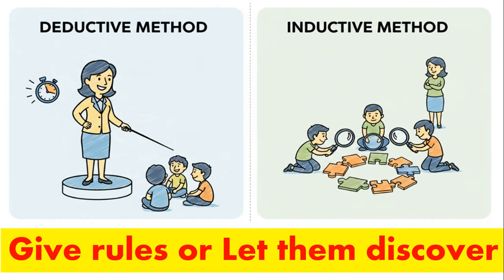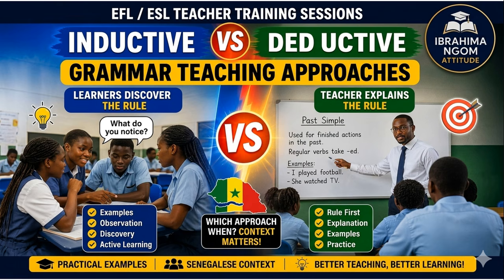In the second approach, the teacher lets the students discover on their own. So, inductive and deductive grammar teaching approaches. As you can see on the screen, they are different. Inductive, the learner discovers the rule. In the deductive, the teacher gives the rules.